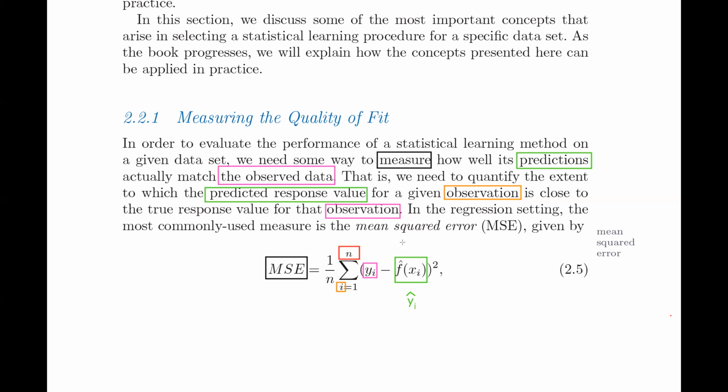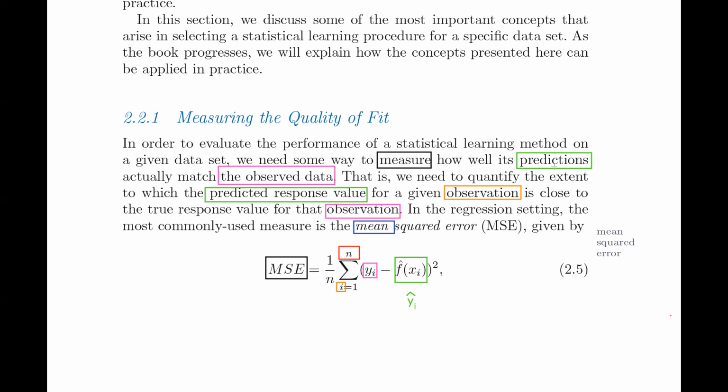In the regression setting, the most commonly used measure is what we define as the mean. Mean is a type of average. We're all familiar with median and mode, but it's the mean. In fact, we are dividing by the number of observations, but we're taking the mean of what?